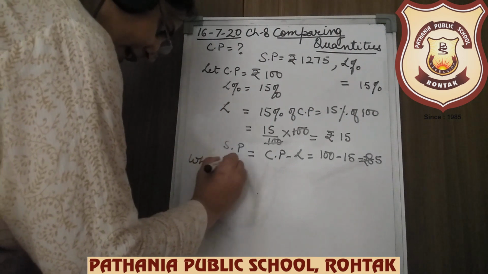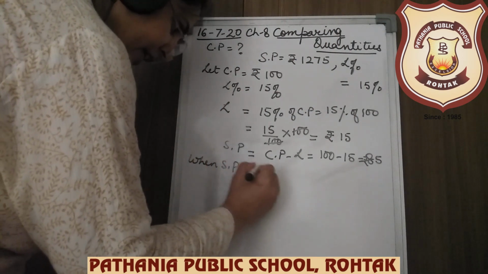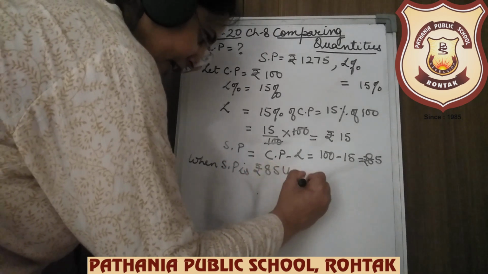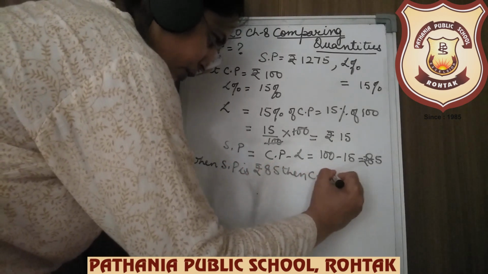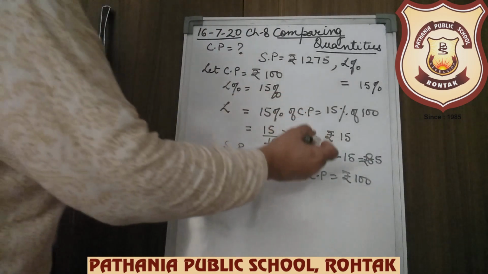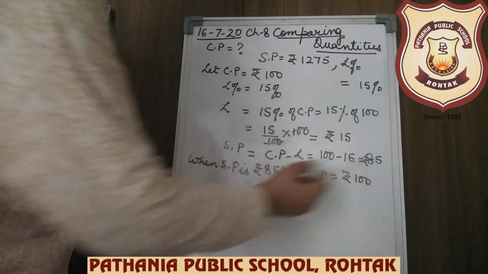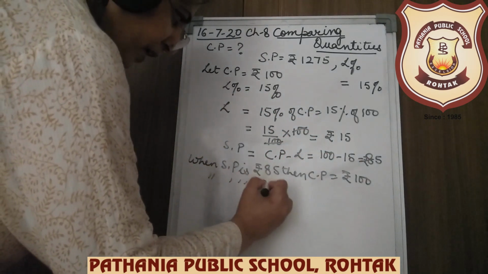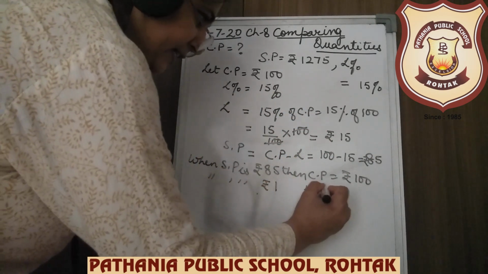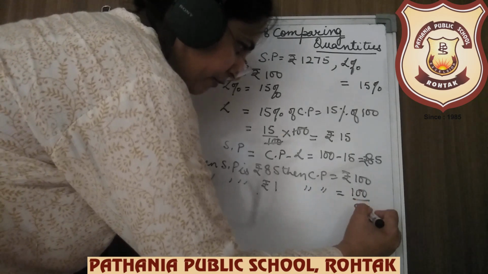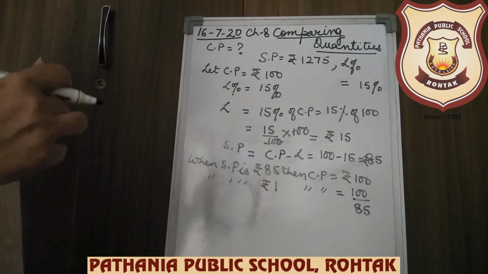So when SP is rupees 85, then CP is equal to rupees 100. When my CP is 100 rupees, my SP is 85. When SP is rupee 1, then CP is equal to 100 upon 85. We have calculated for 1.